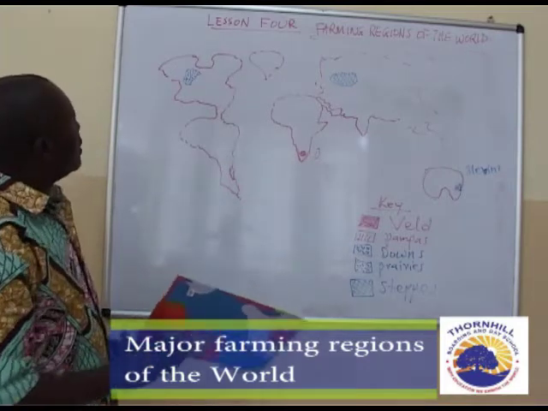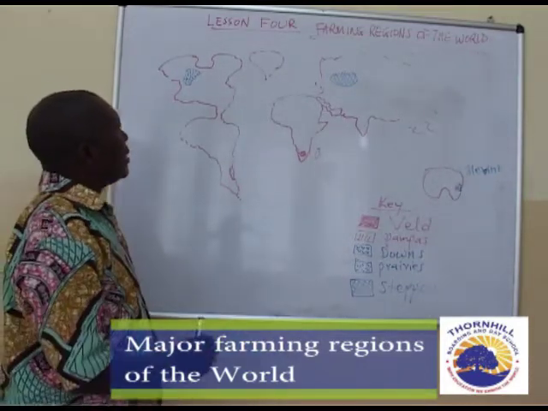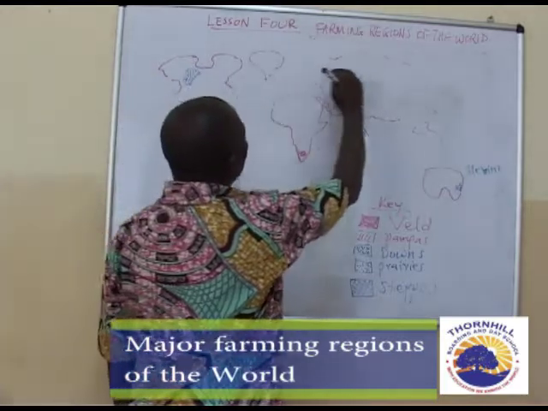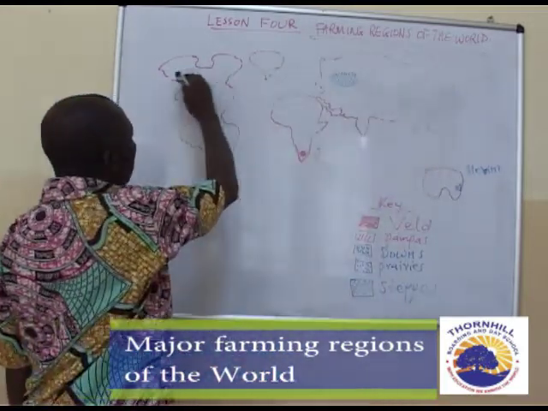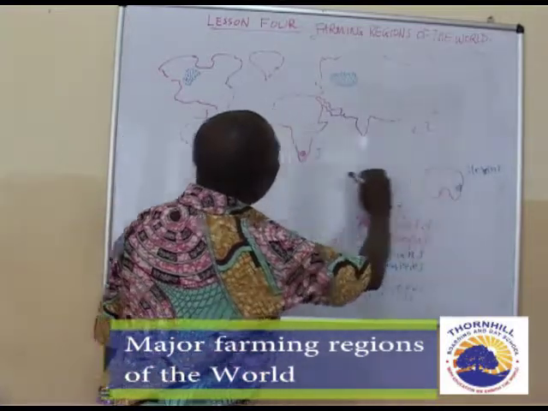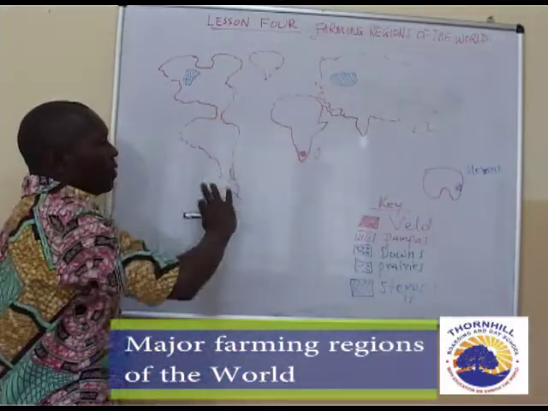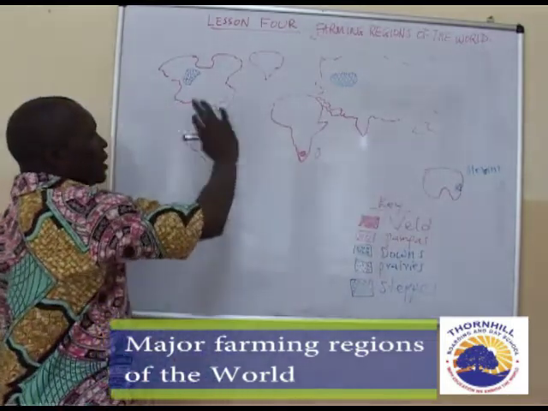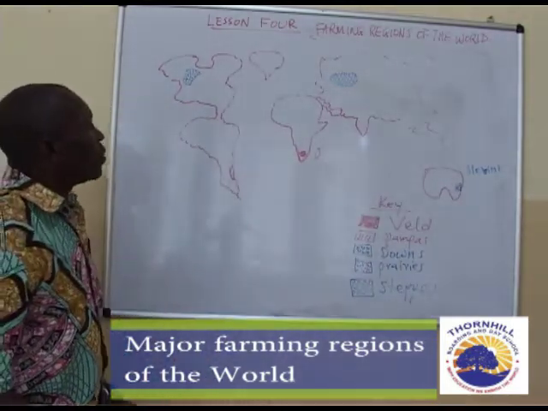The steppes are the grasslands on the same latitude. You can see the two of them with the prairies are on the same latitude, and these three are also on the same latitude, meaning they are the same type of climate, vegetation the same, and same type of soil.